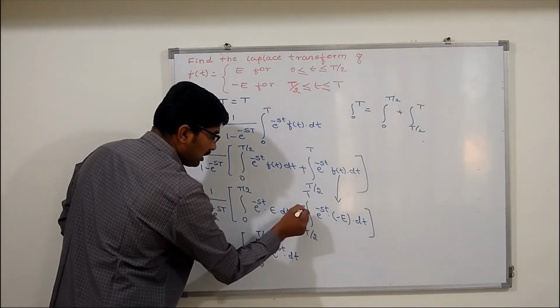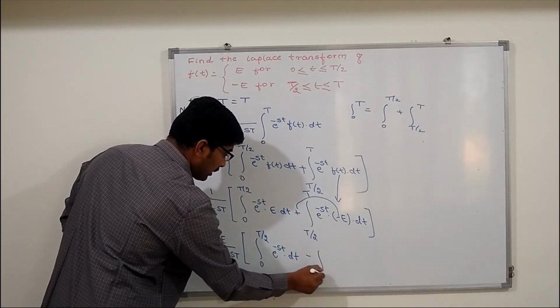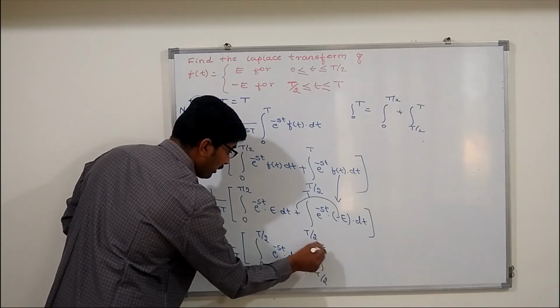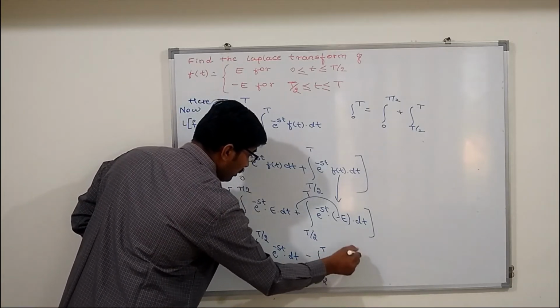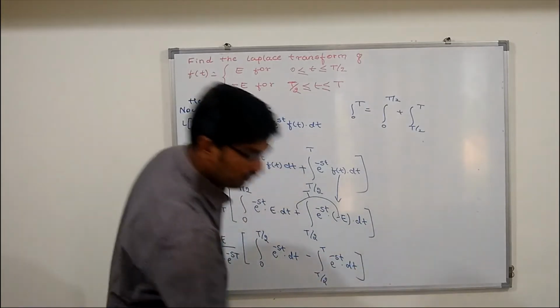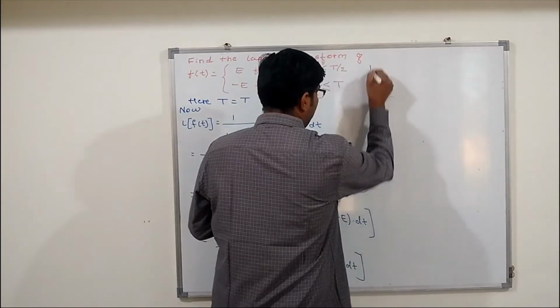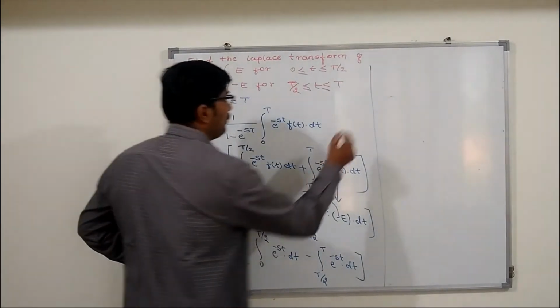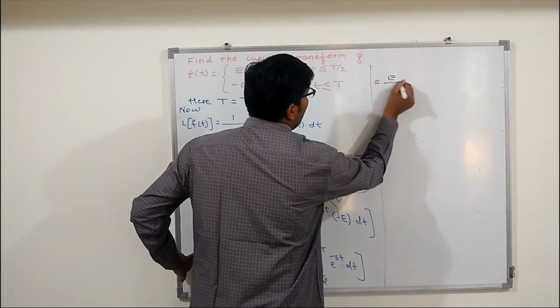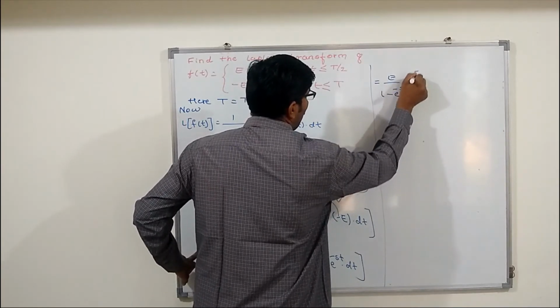And here if you take plus E outside, this plus into minus sign is minus integration T by 2 to capital T e raised to minus st into dt. Now this is equal to E divided by 1 minus e raised to minus sT, into bracket.